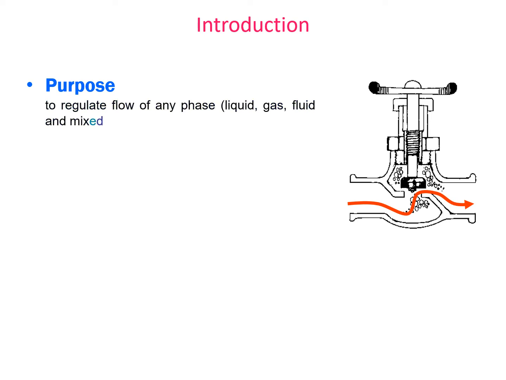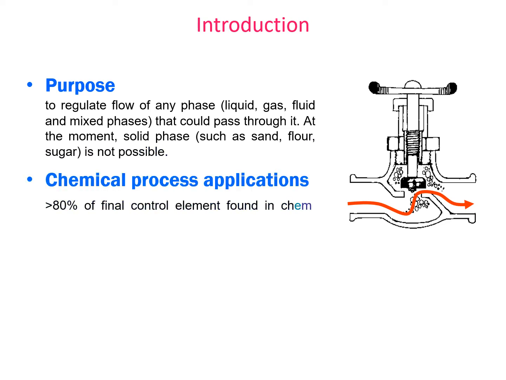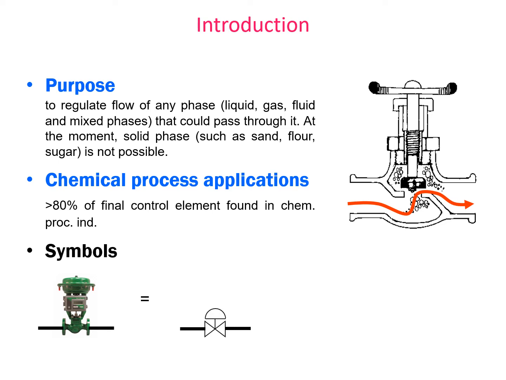Now, this is the figure of the control valve. The purpose of the control valve is to regulate flow of any phase, for example liquid, gas, fluid, and mixed phases.